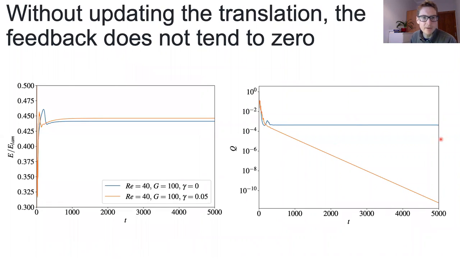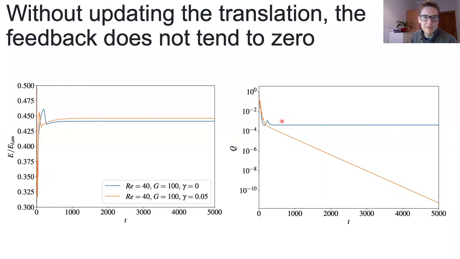I should also point out that if you don't update the translation, then the kind of result is somehow indeterminate. So you kind of do stabilize something, but it isn't quite the traveling wave, and the residual doesn't go to 0.